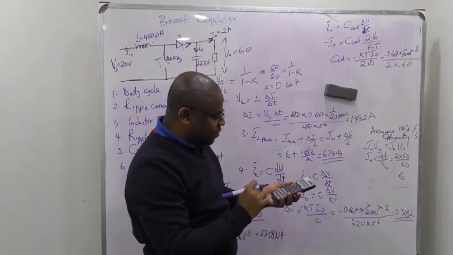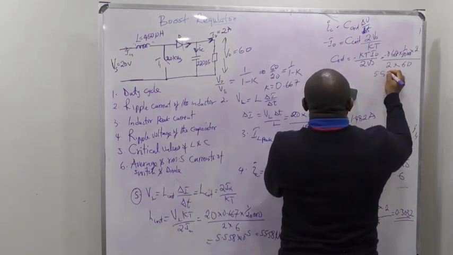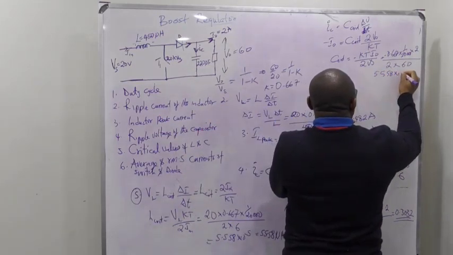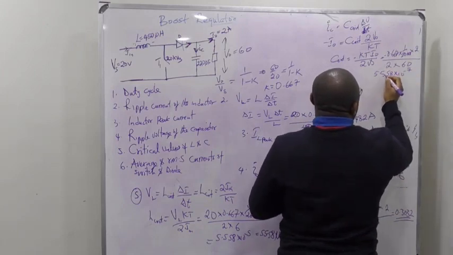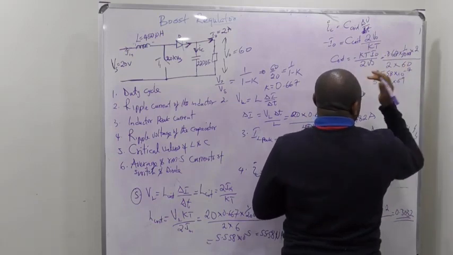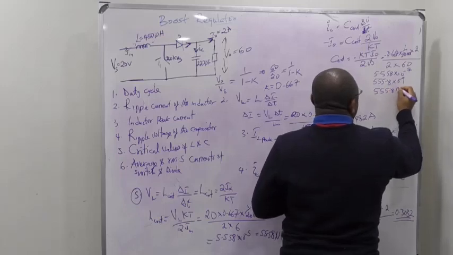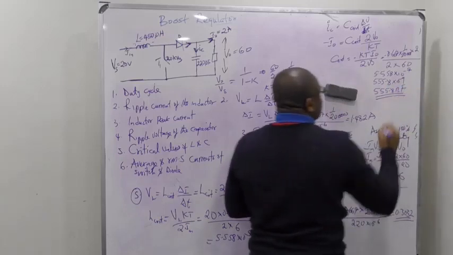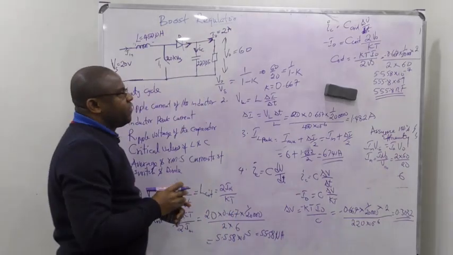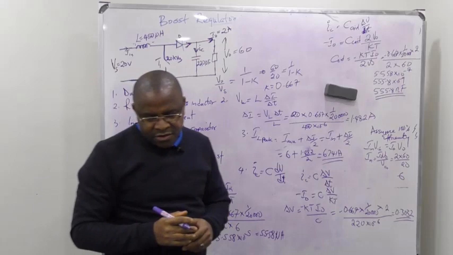So you get 5.558 times 10 to the power minus 7, which is 555.8 times 10 to the power minus 9. That is 555.8 nanofarad, okay, as the critical value. All right, so we get that as the critical value.